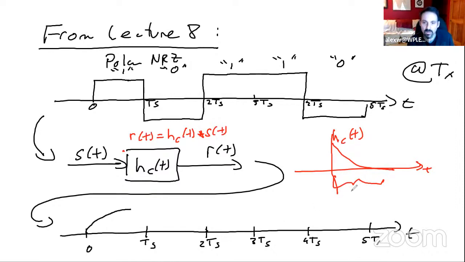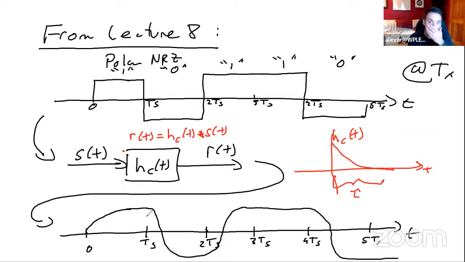And we have some sort of spread by some amount tau. What we get is something that will look like this. Something like that. And now it's like, does this look like a 1? Does that look like a 0? Or is the 1 here? We don't know. The receiver is now stuck with trying to make that determination. So this is the time domain view of ISI.